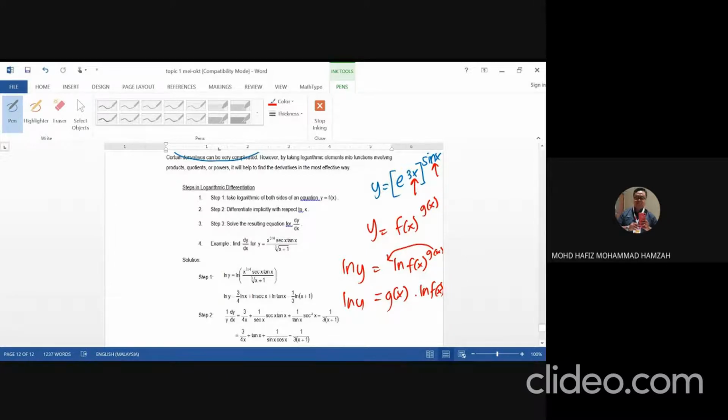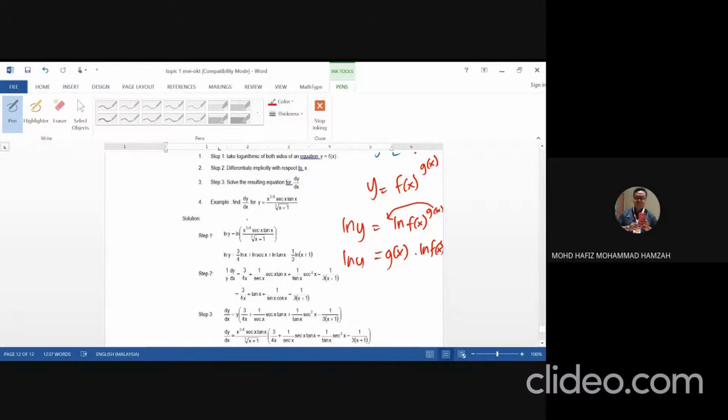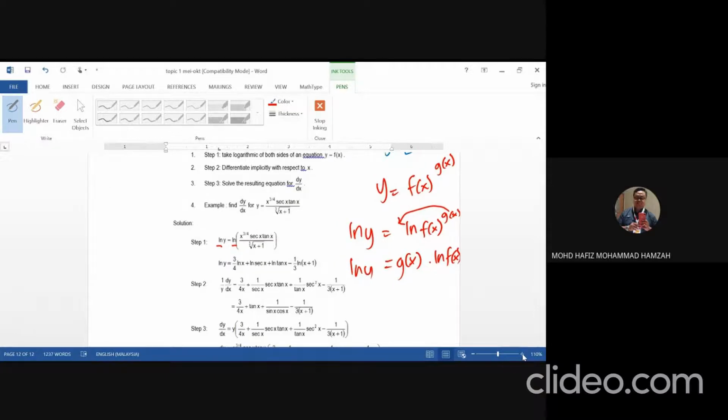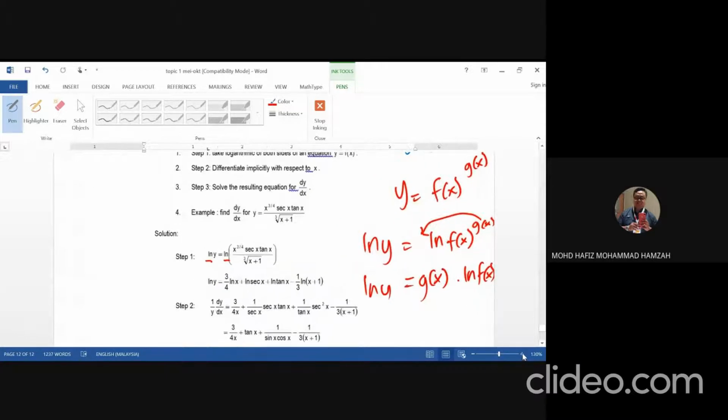Okay, so you tengok sini, given y is equal to x to the power of 3/4 secant x tangent x over yang ni. Okay, when you put ln both side, so dekat sini asalnya tak ada ln. So dia letak ln both side. Sini ada ln, sini pun ada ln. When it involve ln, can you see this one?